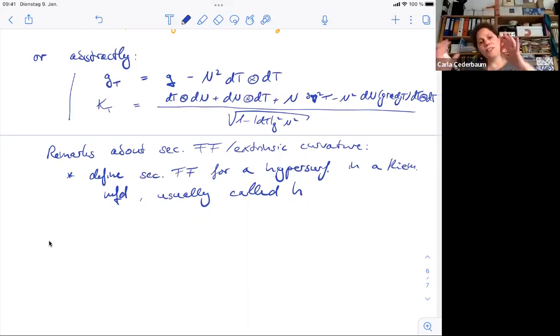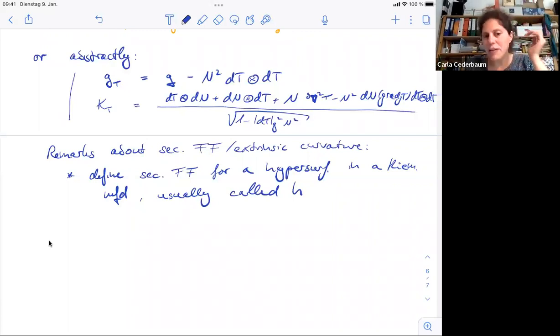Okay, so let me say this again. I defined for you the second fundamental form for a space-like hypersurface in a spacetime at the beginning of this lecture. And then I gestured with hypersurfaces in Euclidean space, pretending that I also gave you a definition there.